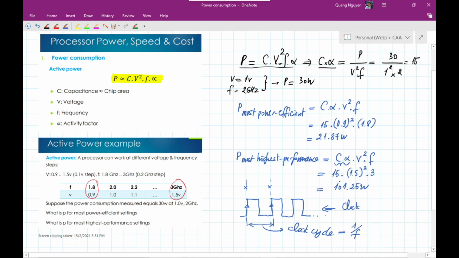For example, we say this CPU works at 3 gigahertz. That means there are 3 billion clock cycles in 1 second. It indicates how fast, how responsive your system is. The higher the frequency, the faster your system.